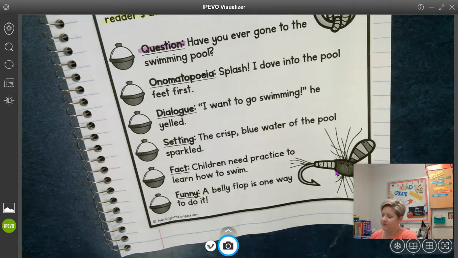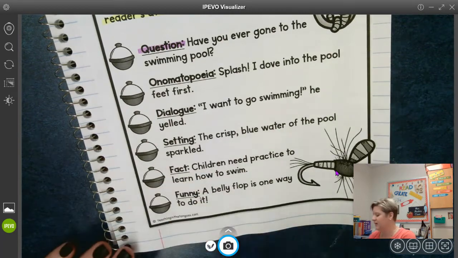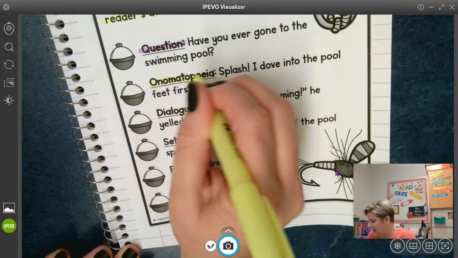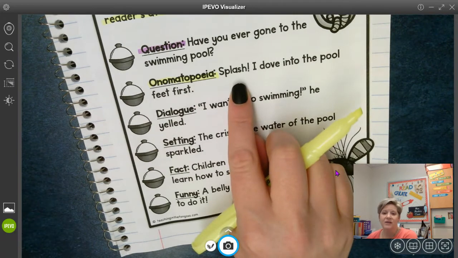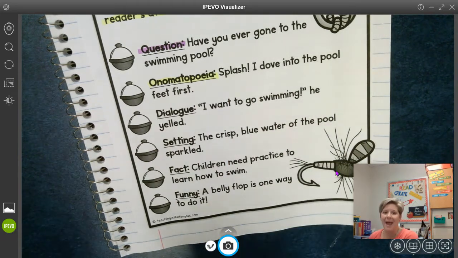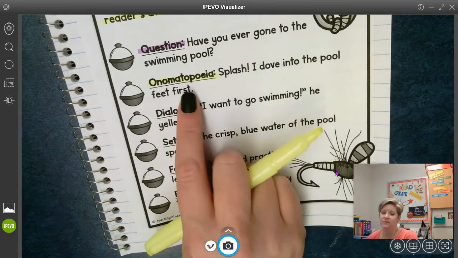This is one of my favorite ones. And this is one of my favorite words to say because it's fun to say. Onomatopoeia. An onomatopoeia is a sound or an action heard out loud, like splash or boom or bang or whap. Those are all examples of onomatopoeias.